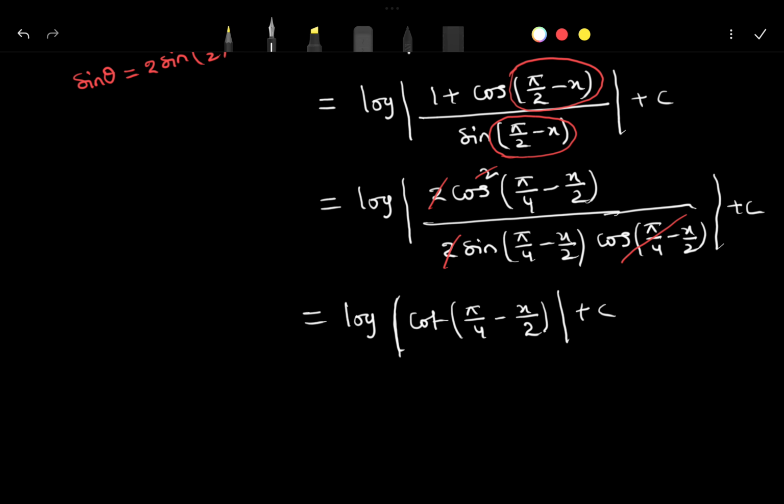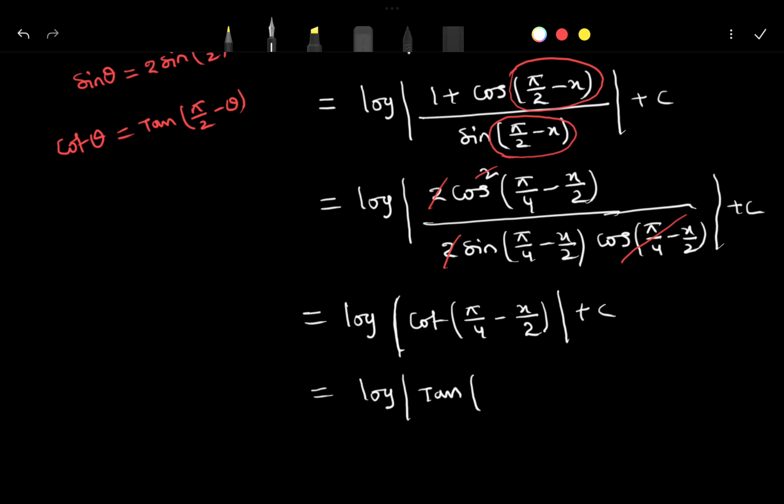Now again, you can write this one as cot theta. You can also write cot theta as tan of 90 minus theta. By using this basic formula, you can write another value, log of tan of pi by 2 minus theta.